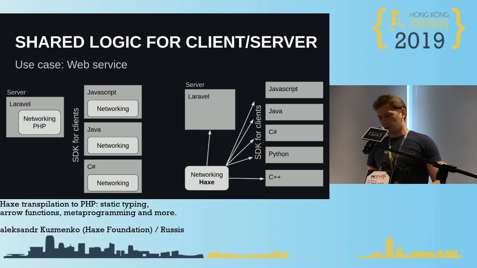You hit the button and get the PHP code out of your Haxe library, get the JavaScript, Java, C#, Python, C++, and all of that just from the single code base, which greatly saves you time needed to develop your web service.